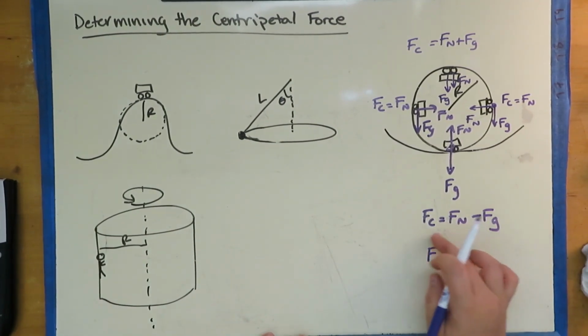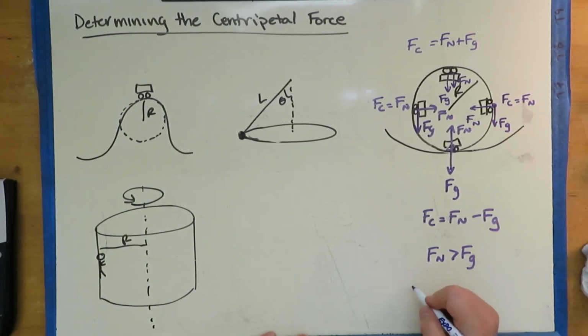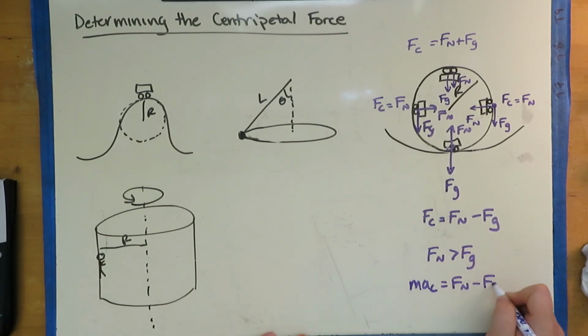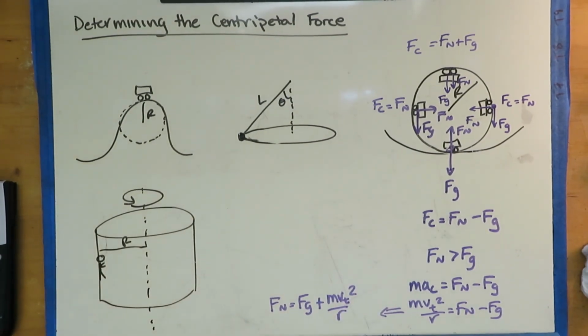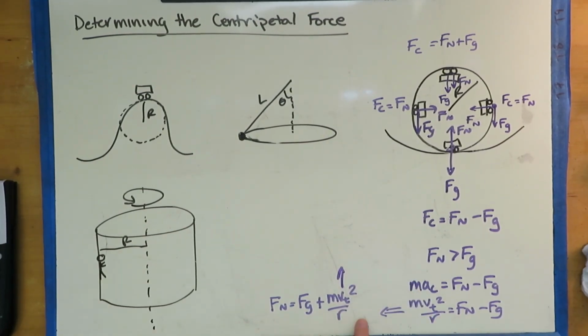I can tell that because if I sub in over here, MAC is equal to normal force minus FG, and mVT squared over R is equal to FN minus FG. If I solve for Fn, I get that Fn is equal to Fg plus mvt squared over R. So since my gravitational force is constant, the bigger and bigger my speed gets, the bigger and bigger my normal force gets.